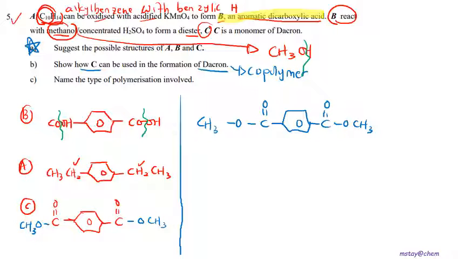Another monomer is the diol, which is CH2OH, CH2OH. With this, we want to show the chemical equation.